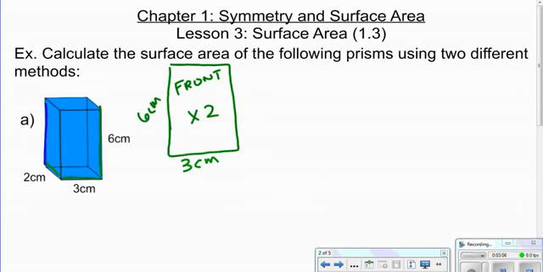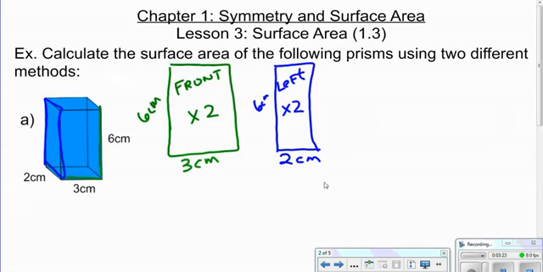Then I'm going to draw out the side. The side is also a rectangle, but the bottom width is 2 centimeters and the height is 6 centimeters. This is the left side, but we also said that the right side would be the same, so this is going to be times 2.